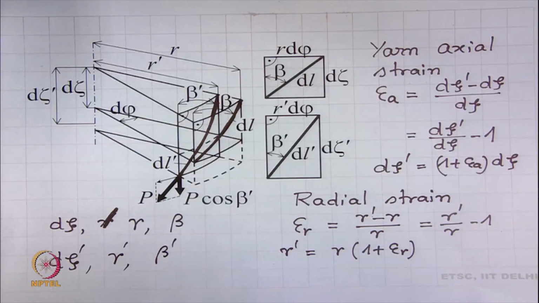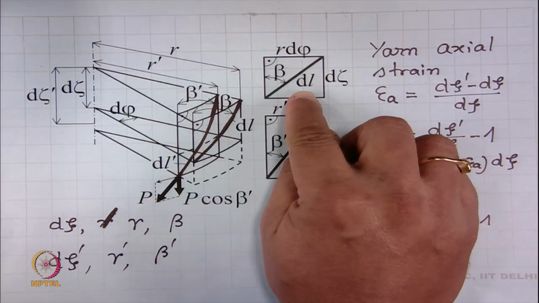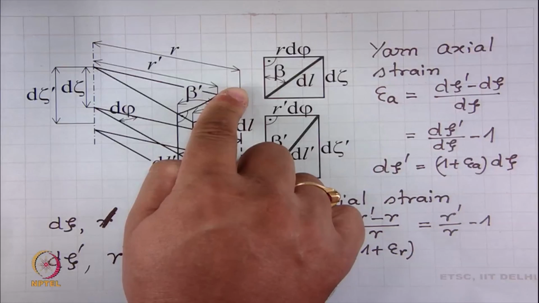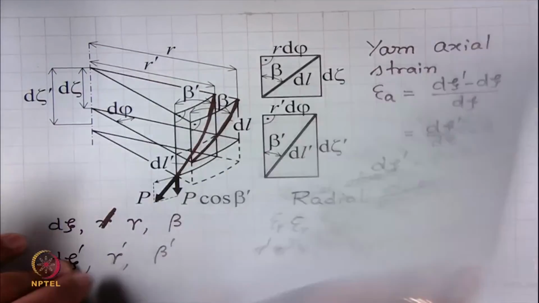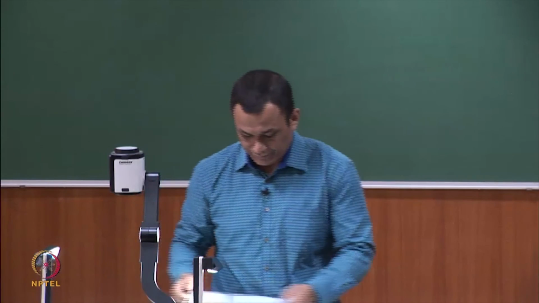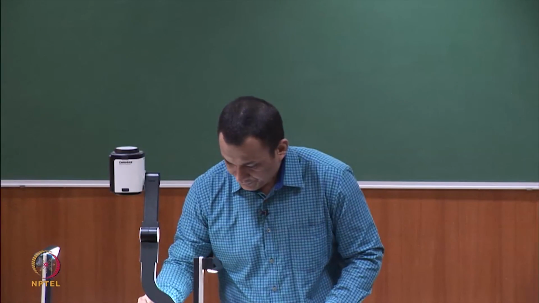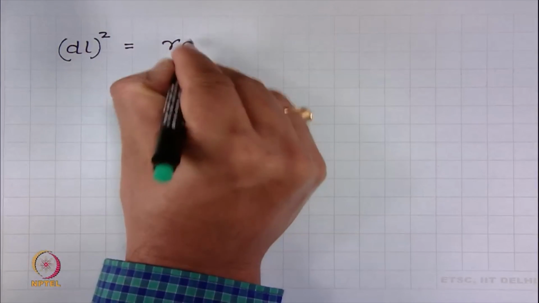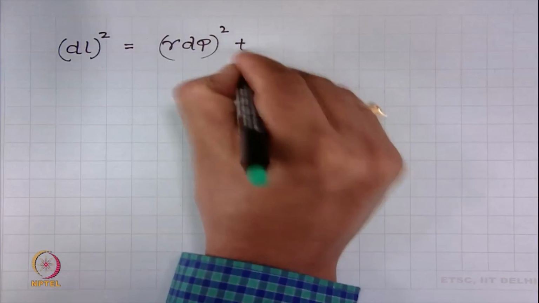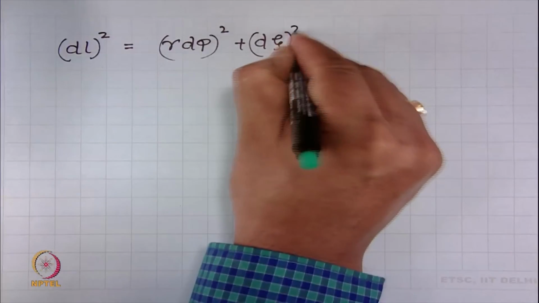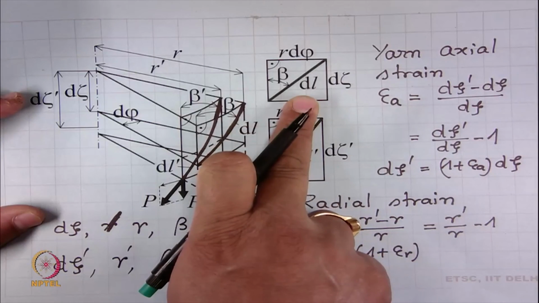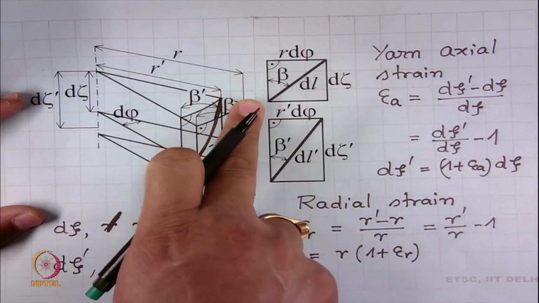So, if we apply Pythagorean theorem, let us see what happens. dl square is equal to r d phi square plus d zeta square.